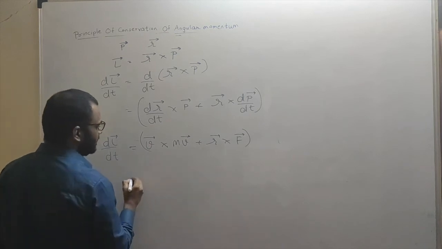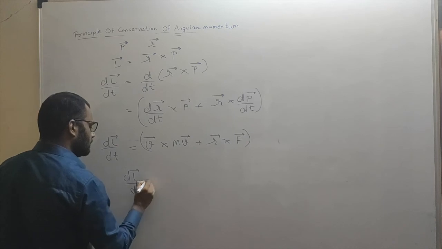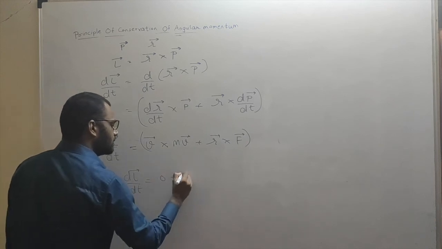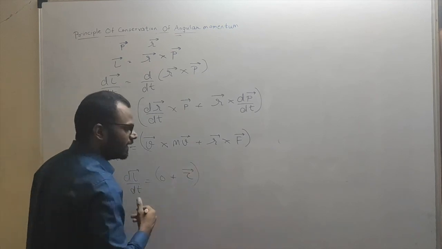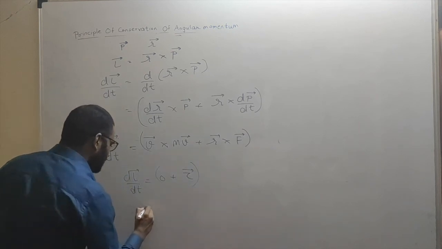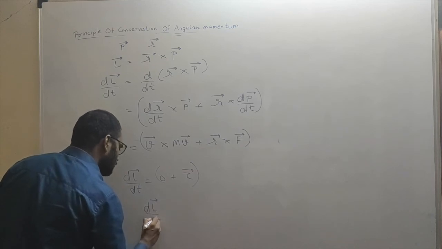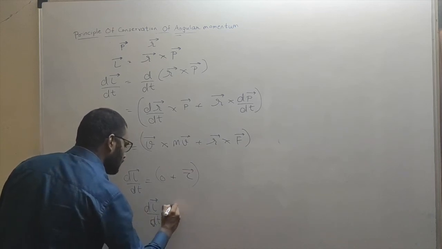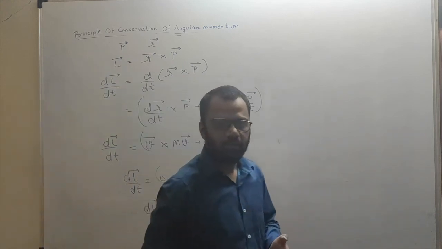So dL by dt is equal to 0 plus torque, because r cross F is nothing but the torque acting on that particle. So dL by dt is nothing but the torque acting on the particle, right? Okay.